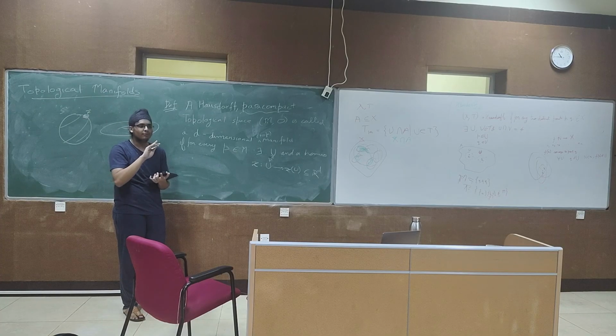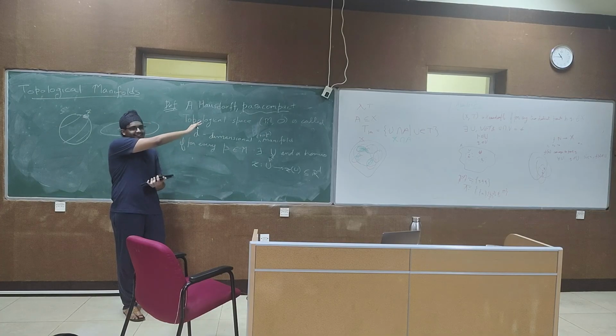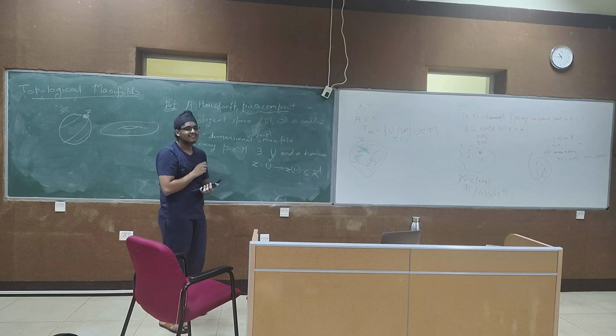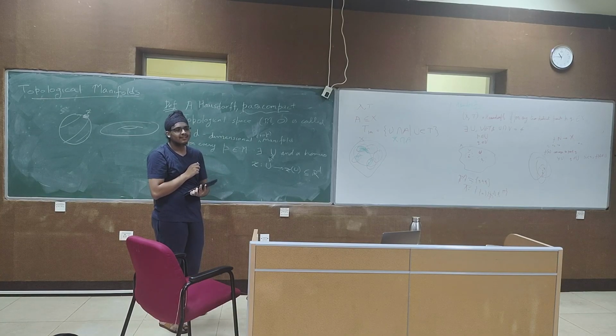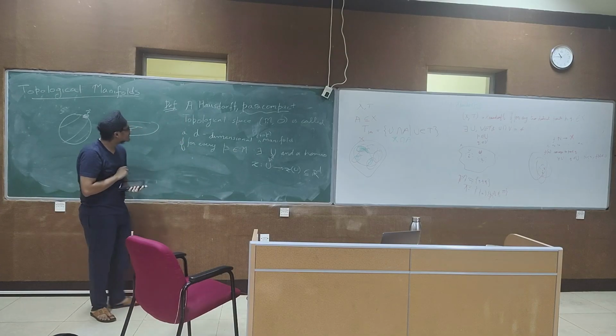Those of you who don't know what a metric is, just ignore my statement, okay? And all metrizable spaces are paracompact. So just take my word for it that whatever you will encounter in physics will be paracompact. A metric space is just a space where you can define a notion of distance.